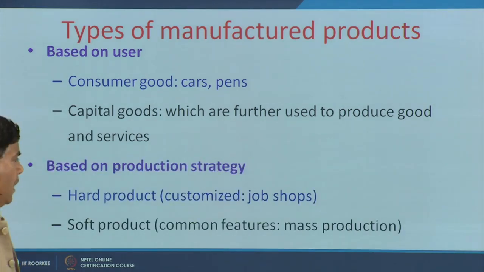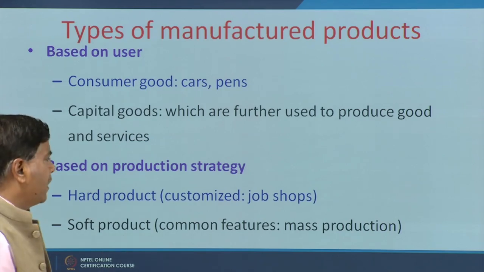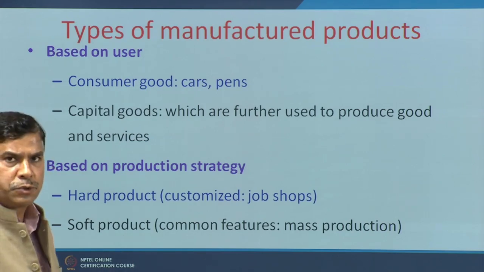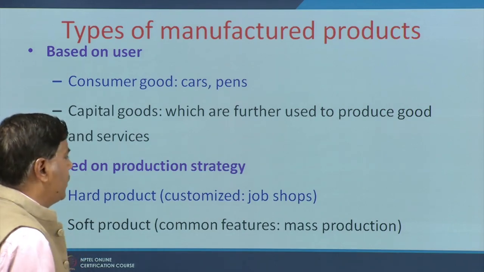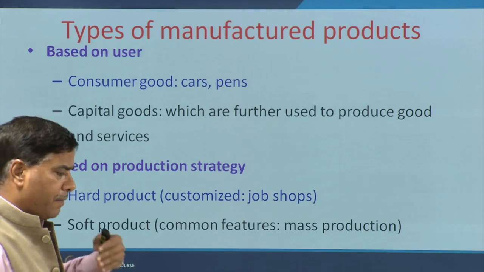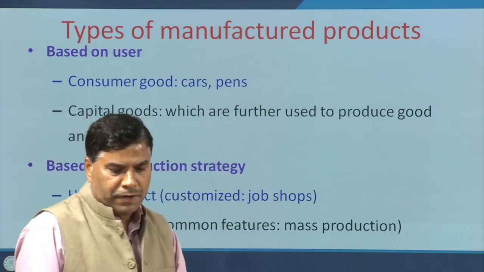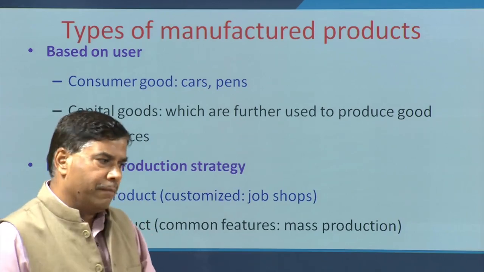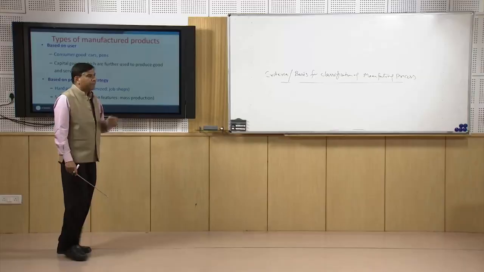the services. Based on the production strategy, there are hard products where the job shops are used to make customized products, and soft products where the manufacturing system is designed in such a way that the raw material takes entry in the beginning, and at the end we get the finished product.